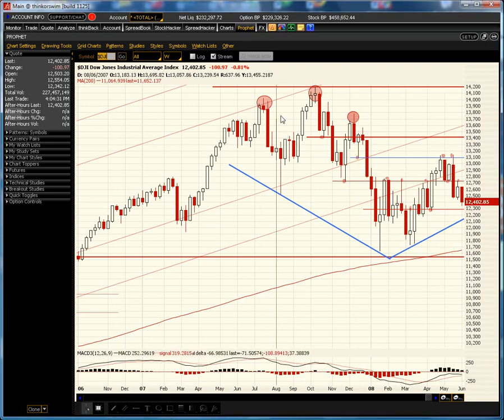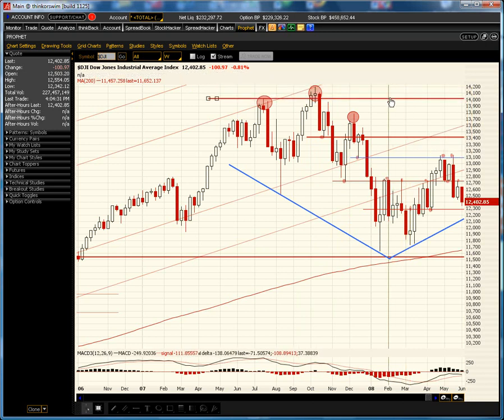Now that we've gotten to this point, a lot of people said there was going to be a very significant resistance level at 15,000, but what actually has happened is we hit a fairly significant resistance level at 14,000.